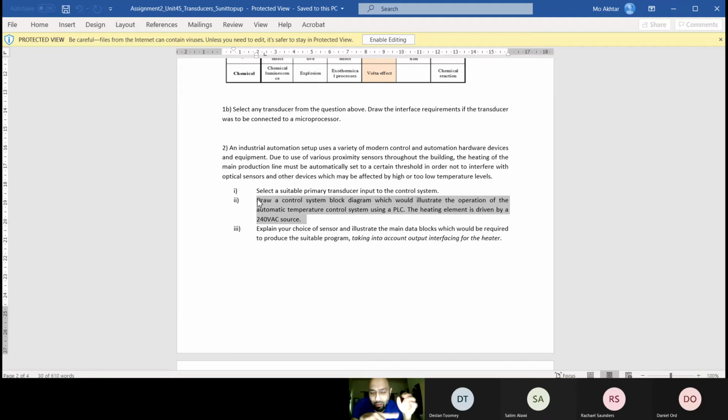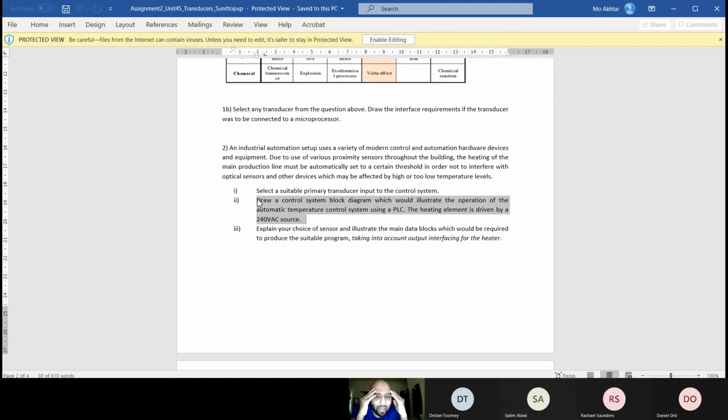So you can include that in this control diagram going to the PLC, and then what will happen is the output will go to relays, which will switch on, say, a heating system. And then as the heater gets hotter or colder, a sensor will detect the ambient temperature in the environment, to switch the heating system on and off. Does that make sense, everyone?